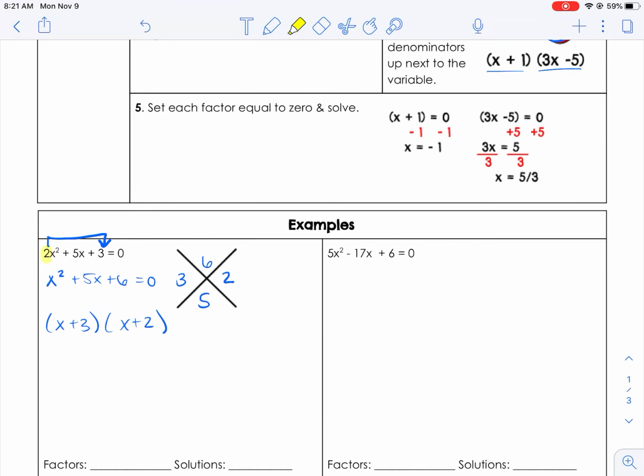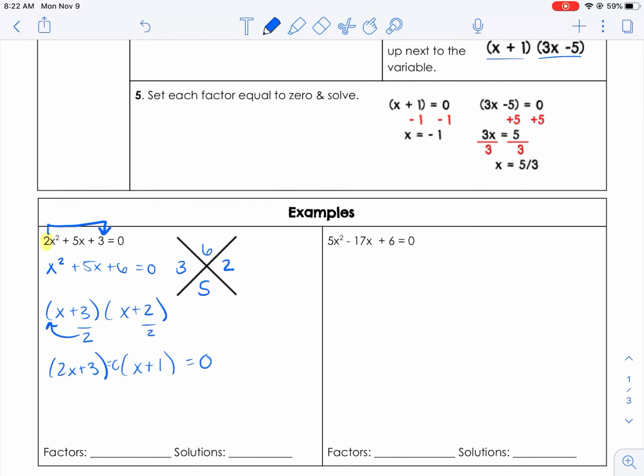And starting out, I multiplied by that 2, so now I'm going to divide both of my constants by 2. So my first one, 3, does not divide by 2 nicely, so I'm going to slide that up next to my variable, so it's going to be 2x plus 3. And my next one, 2 divided by 2 is just 1, so x plus 1. And remember, that's equal to 0, so we're going to set both of those factors equal to 0 and solve.